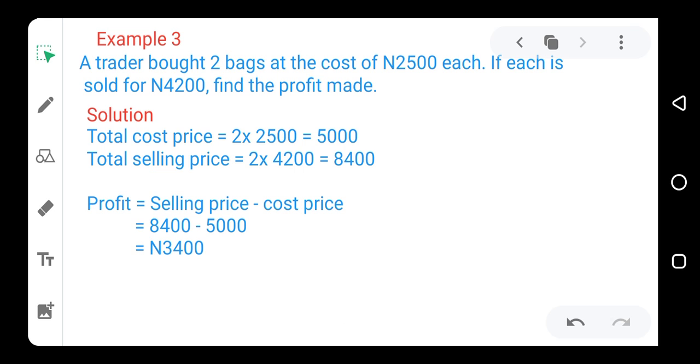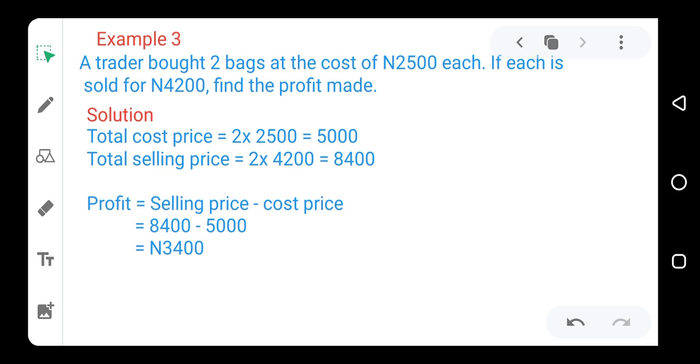Now our profit is equal to selling price minus cost price. The selling price is the amount the trader sold the bags, which is 8,400, the amount he sold 2 of them, minus the amount he bought 2 of them, which is 5,000. 8,400 minus 5,000 will give us 3,400 naira.